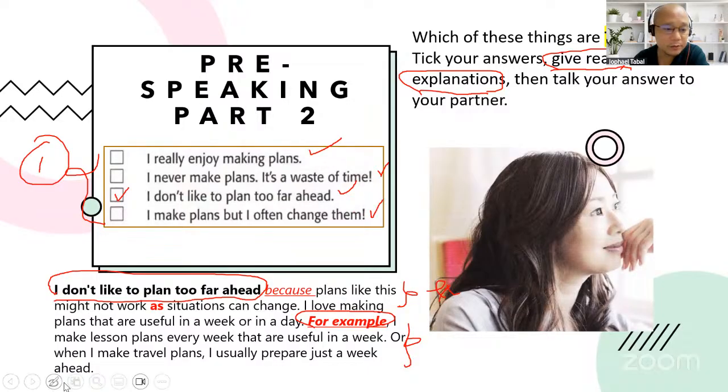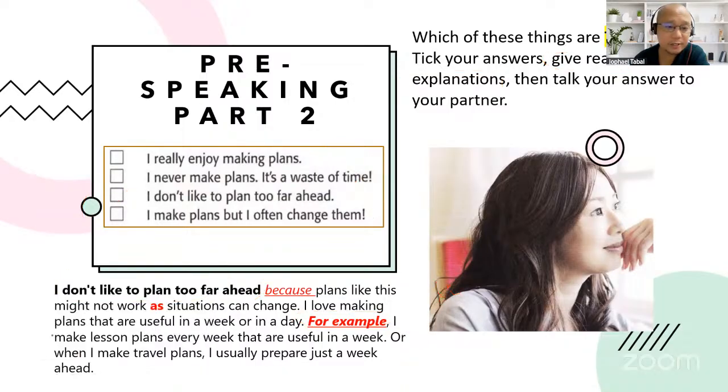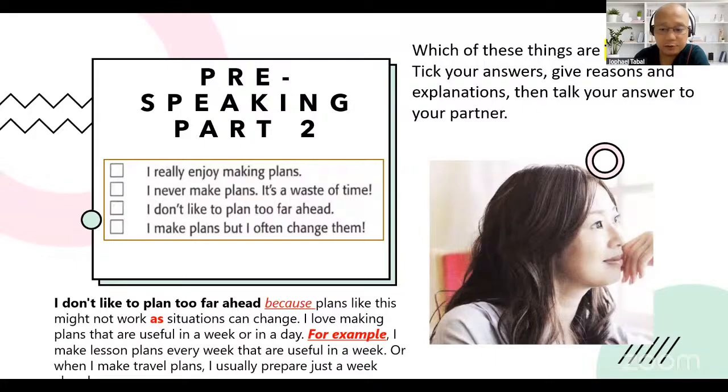So I want you to check one option about planning. Then give your reason, explanation, and example. I'd like to ask you to prepare for this activity for 3 minutes, okay? And after that, I want you to speak your answer, okay?